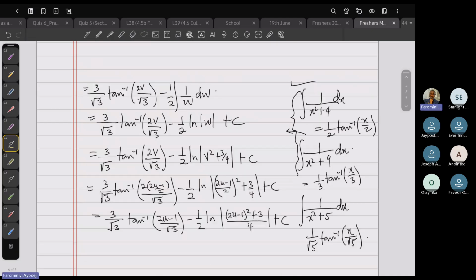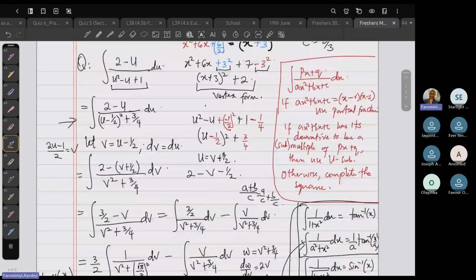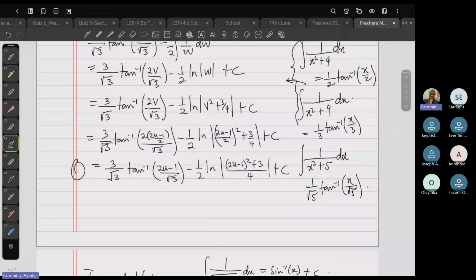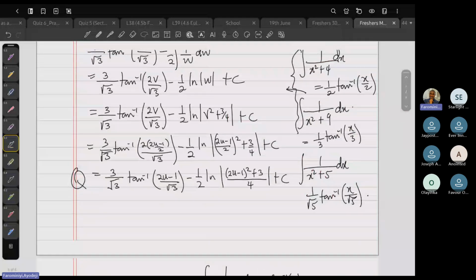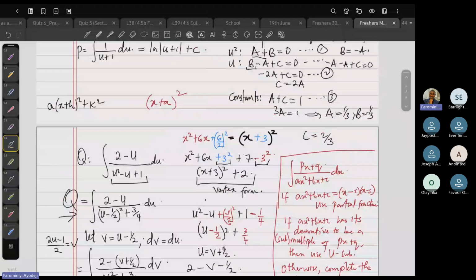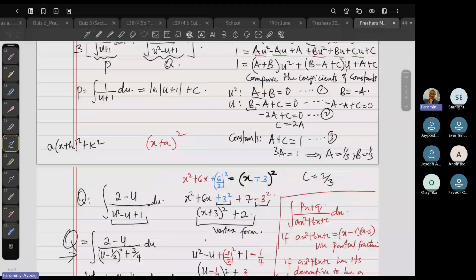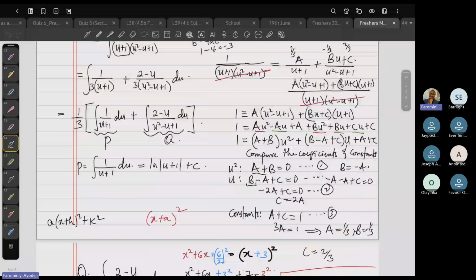So this is the answer to the one that involves U. So this is the answer to this integration of Q. Okay? So this is Q, the one that has U. So where did Q come in? Q came in from here. Okay, so we need to bring it back into this place.